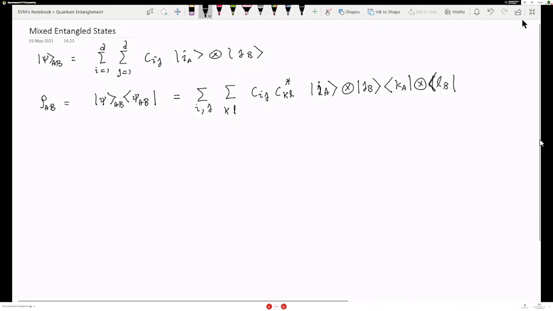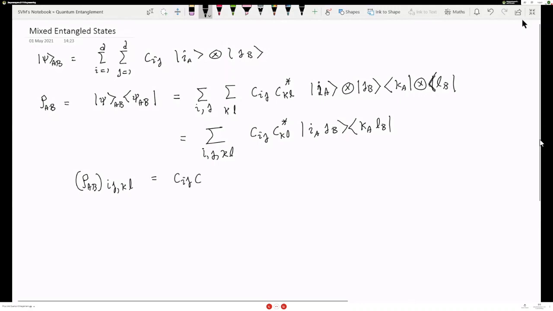We can probably write this in some shorthand notation like this: sum over ijkl of Cij Ckl star, ket iA jB, bra kA lB. Now you can say that this rho AB's ijkl component is Cij Ckl star.